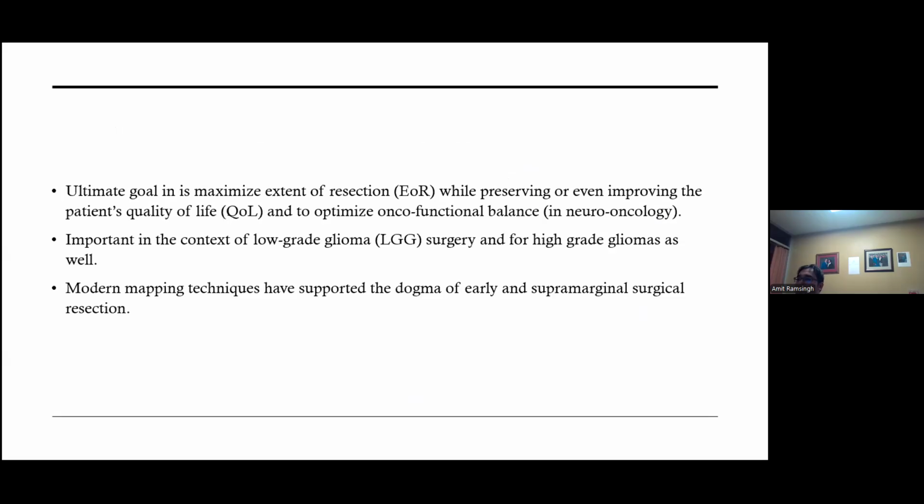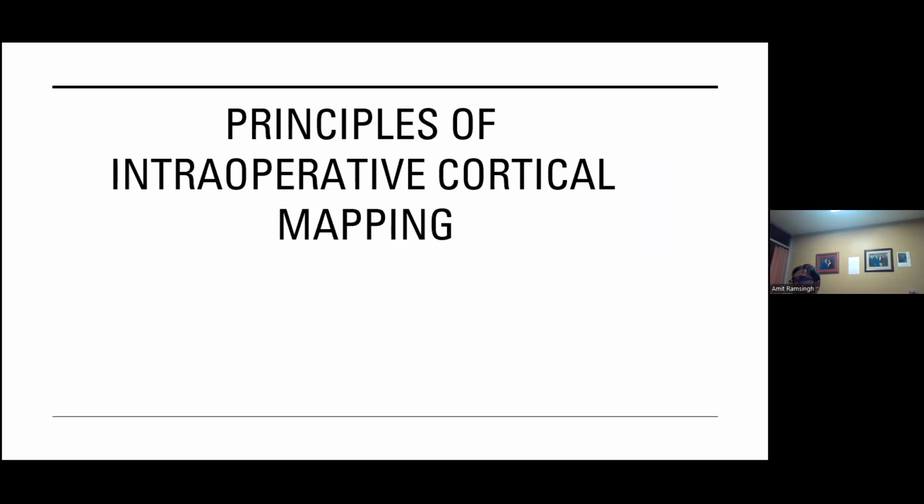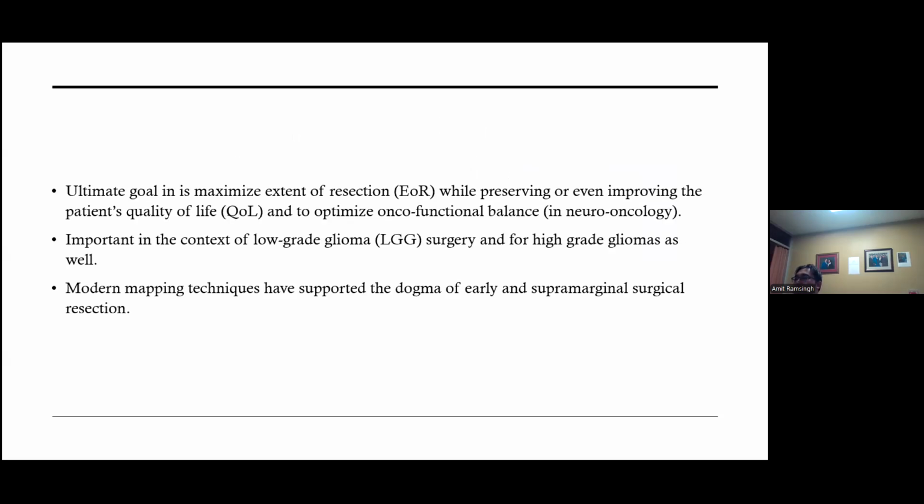intraoperative cortical mapping. So, using the knowledge of our functional cortical anatomy, our goal is to maximize extent of resection, and in the context of intraoperative mapping, we're going to talk more in the context of neuro-oncology, which is one of the major applications of cortical mapping.